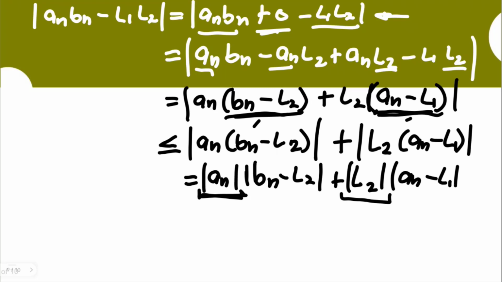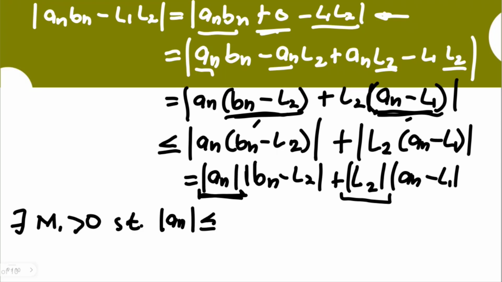So there exists, according to one theorem, let's say m sub 1 greater than 0, such that the absolute value of a sub n is less than or equal to m sub 1 for all n integer.